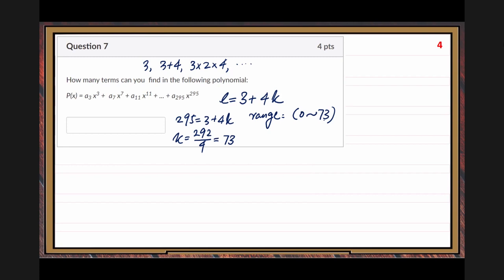Include 73. How many of them? Do the counting. Counting by reference. How many? 74. Not 73, 74. Okay, 74.